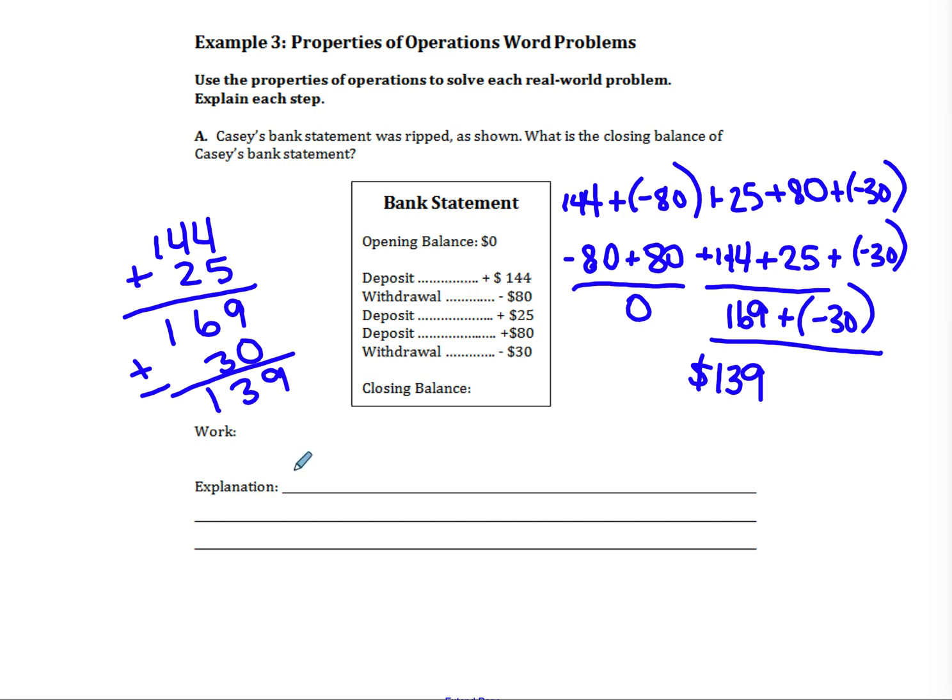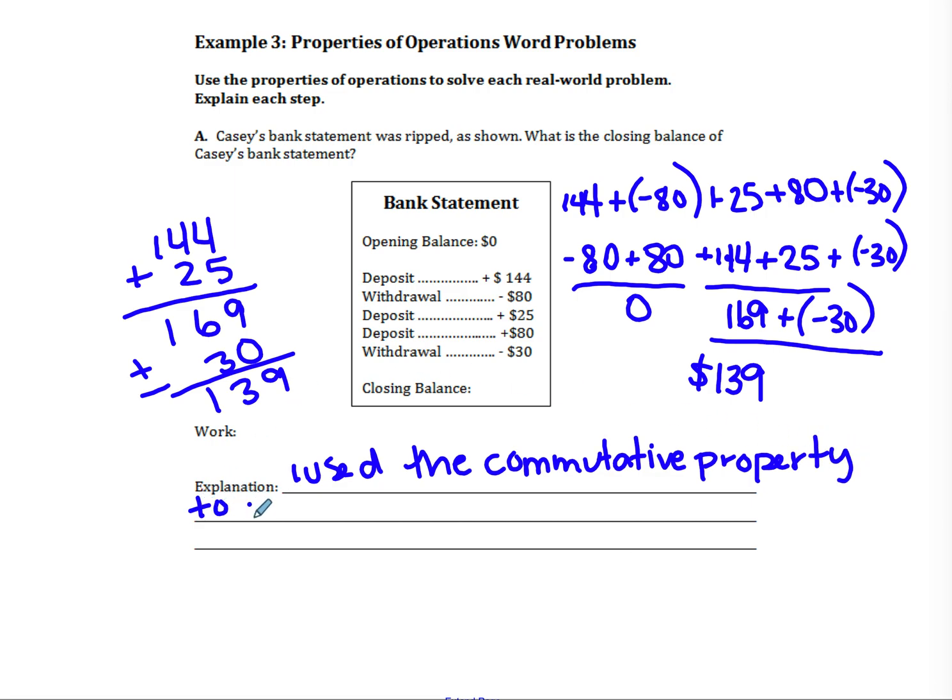Okay, so for ours, I could write I used the commutative property to put inverses together, and used inverse property to cancel them.